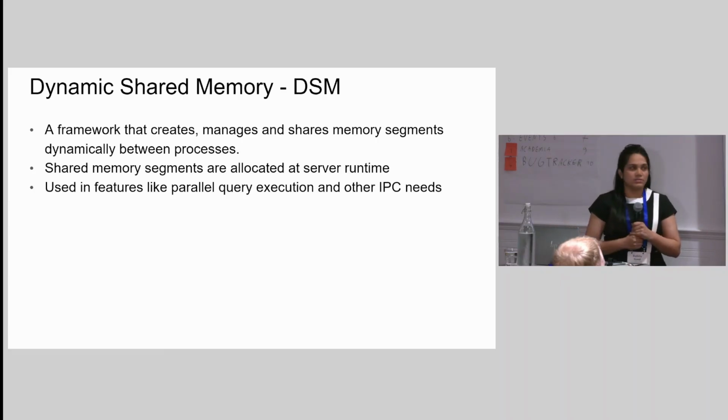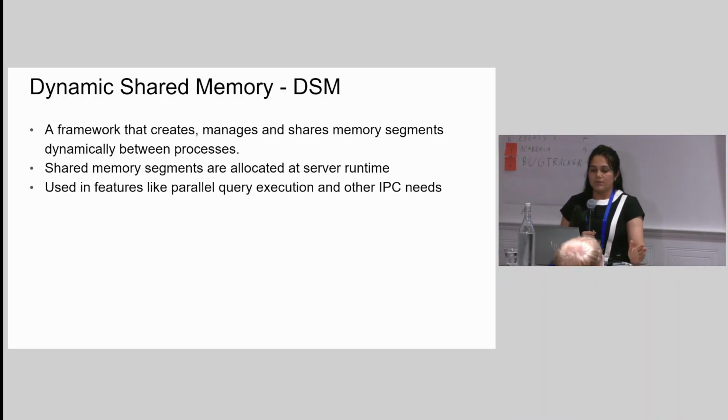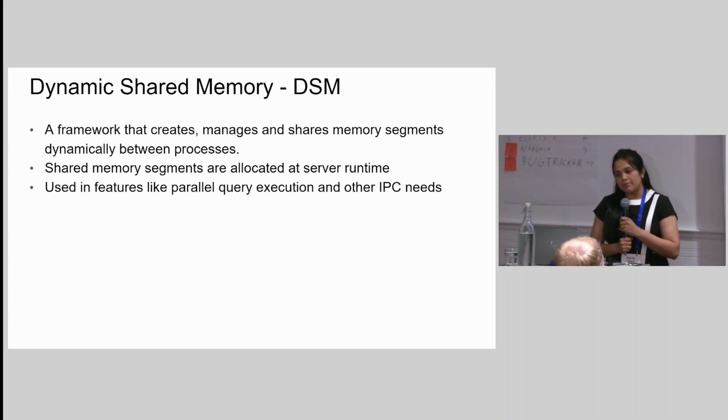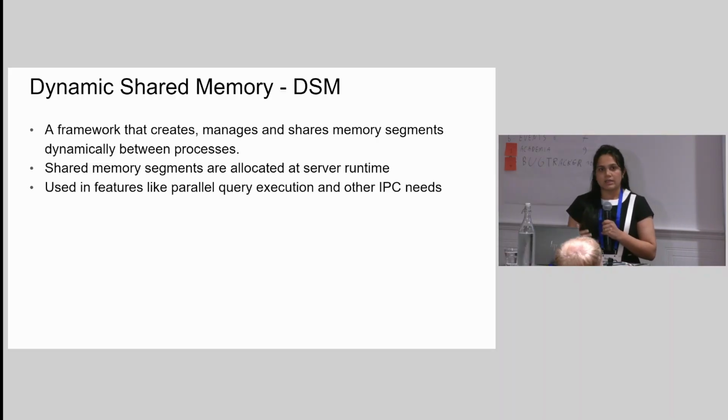Now I'll look into some of the infrastructure that is used to create this. For that, I would like to first describe dynamic shared memory. Dynamic shared memory is a framework that creates and shares memory between two processes. This can happen dynamically when the server is running.